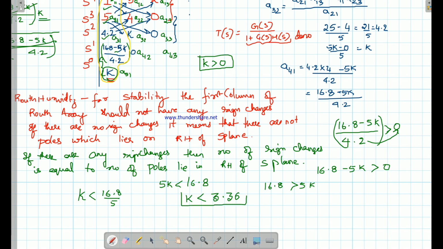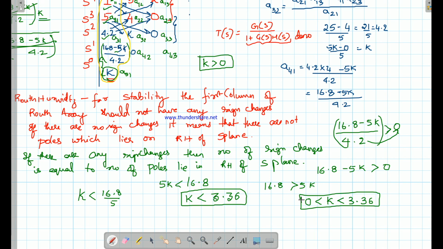So therefore the range of k should now be greater than 0 and less than 3.36. This is the range of k that we are going to find out for the Routh table, or according to the Routh Hurwitz criteria.